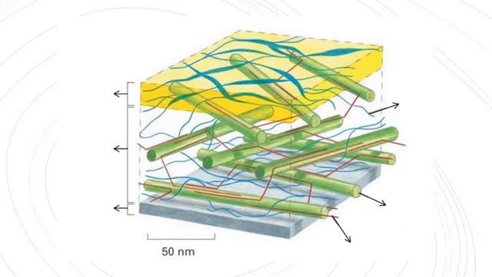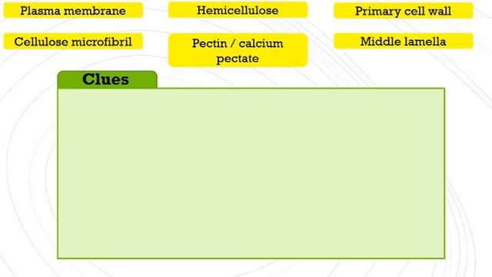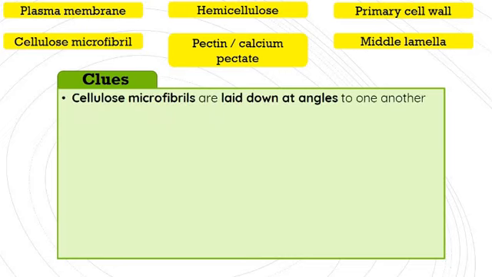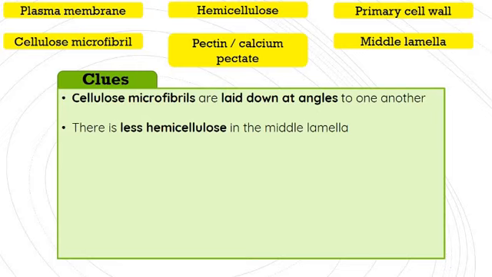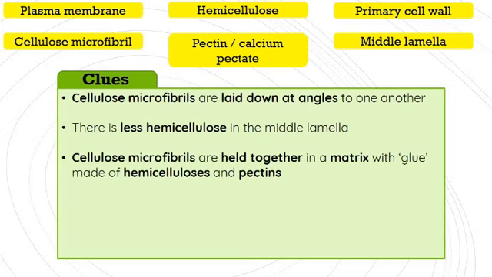Let's read out our hints first. So our first clue is that cellulose microfibrils are laid down at angles to one another. The next clue is that there is less hemicellulose in the middle lamella. The next clue is that cellulose microfibrils are held together in a matrix with glue made of hemicellulose and pectins.